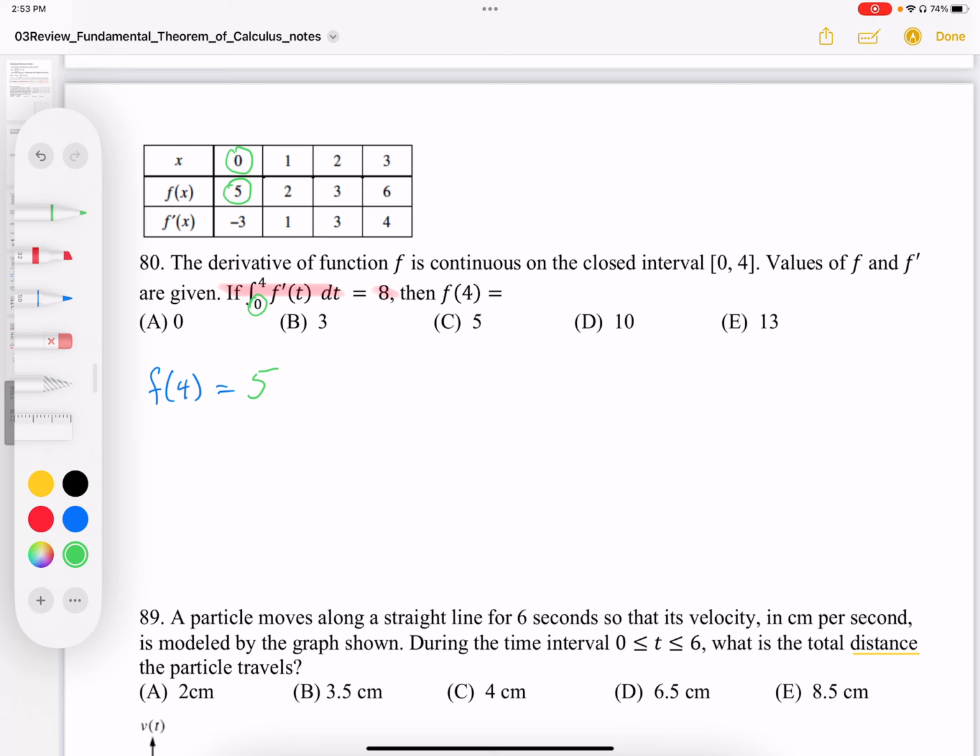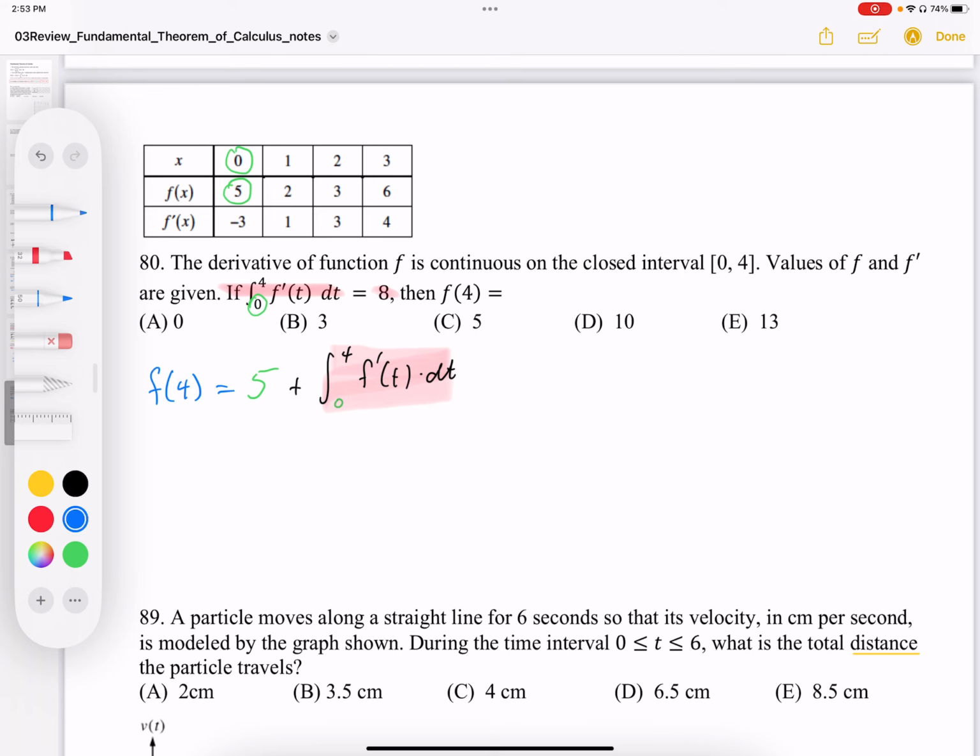So we're going to start at 5, and then we're going to add in the area from 0 to 4 under the f prime graph, and this will give us the displacement. This is the expression that we were given at the beginning, and that's equal to 8.